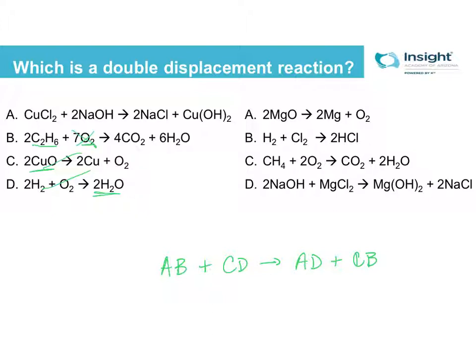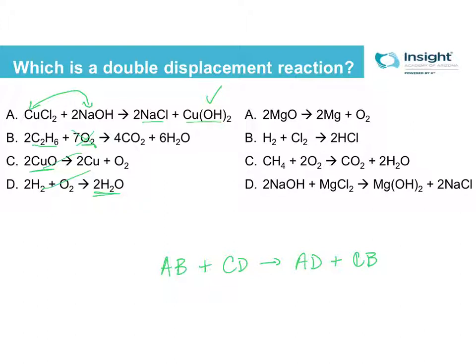Whereas if you look at this top one, we've got copper attached to chlorine, sodium attached to OH, which is the hydroxide ion. If you look at how things are attached afterwards, sodium is now attached to chlorine and the copper is attached to the OH. So they switched. So A is your correct answer in the first one.